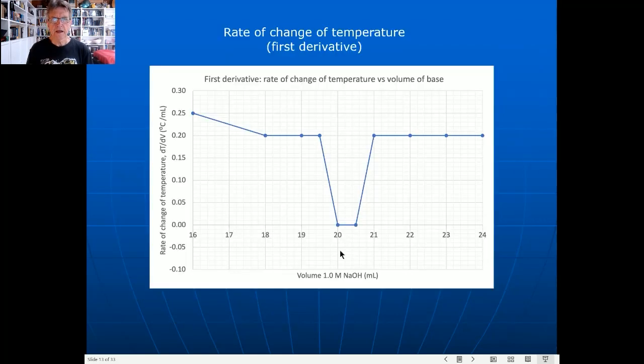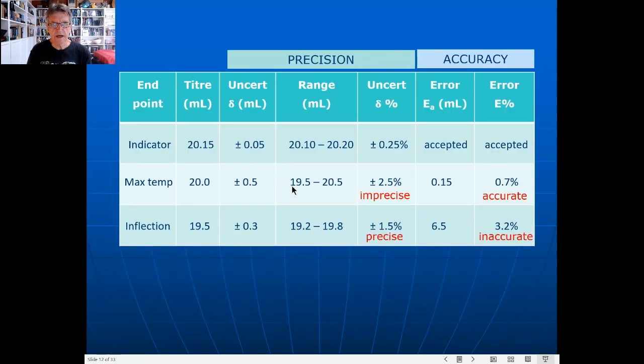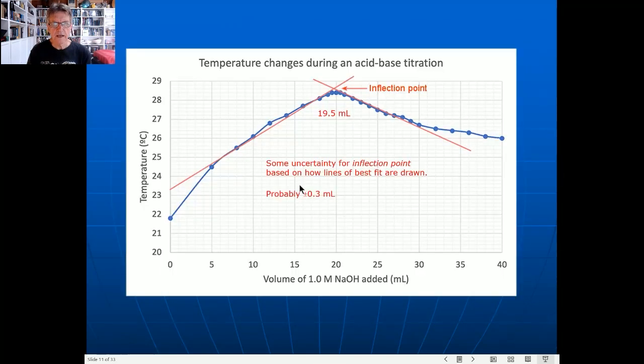Now, one of the things that happens in industry is, I'll just go back to that graph way back here. What's happening is you've got quite a steep curve, so the rate of change of temperature is fairly consistent, and then all of a sudden there's no rate of change, or it's zero rate of change here. So it goes from a positive rate of change to nothing, and that's at the inflection point.